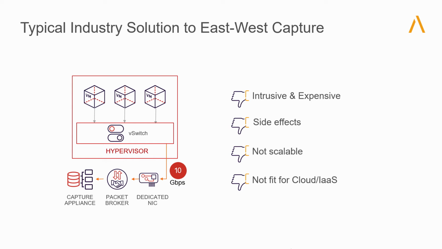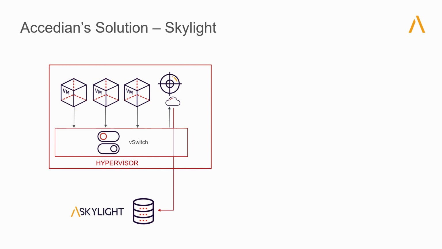So this solution really isn't scalable. And again, when we start talking about virtualization within the public cloud or infrastructure as a service, again, not a solution for that. So what we've done at Excedian is take a little bit different approach, right?